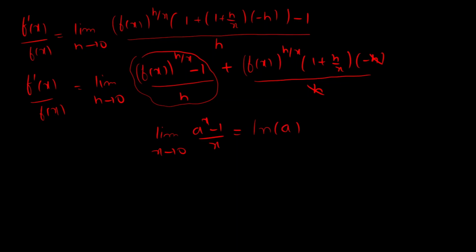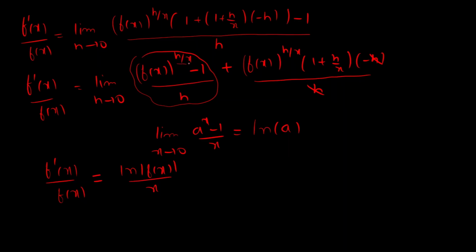You can use this result. Since here f of x will not vary even if h is tending to 0, we can treat it as a constant and we can write it as ln of f of x. f dash of x by f of x is equal to ln of f of x divided by x.